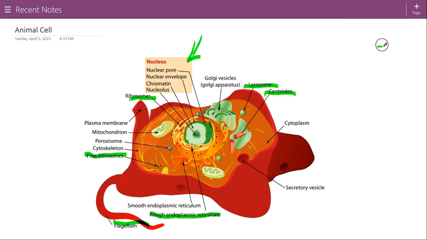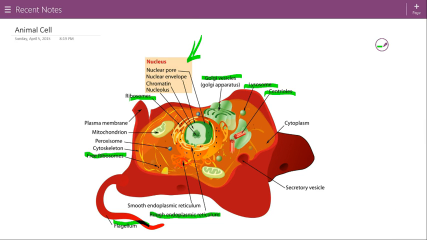They work by packaging the proteins and other particles, sometimes called macromolecules, for transport. They stack larger vesicles with smaller vesicles, and then those can be moved around. So the Golgi vesicles work to package everything so it can be transported around the cell.